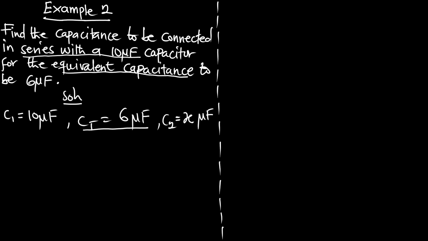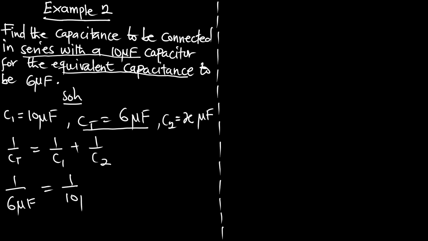So let's call it X microfarad. Are we okay? In series, we know that 1 on CT equals 1 on C1 plus 1 on C2 should give us the answer. We have CT, the total, as 6 microfarad, and C1 as 10 microfarad, plus 1 on X microfarad. Is that clear?